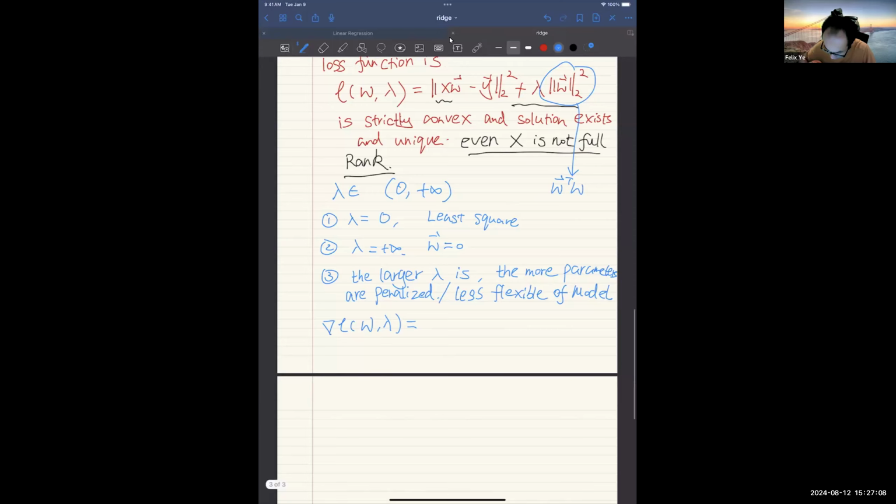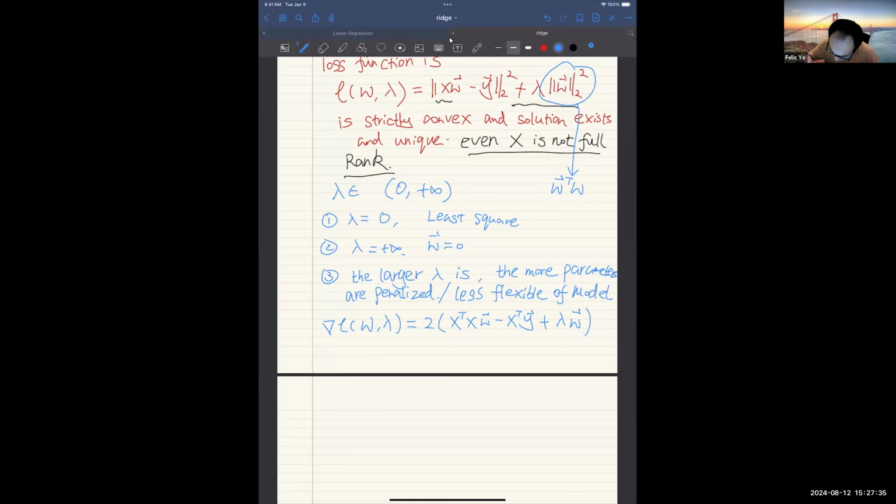So this gives you 2 times X transpose X W minus X transpose Y, plus lambda W. I believe you have done similar exercises in previous courses.